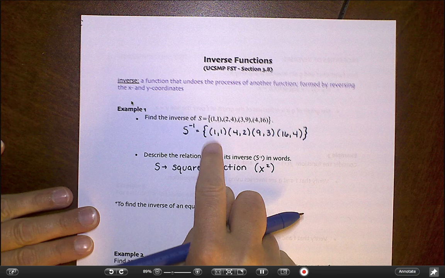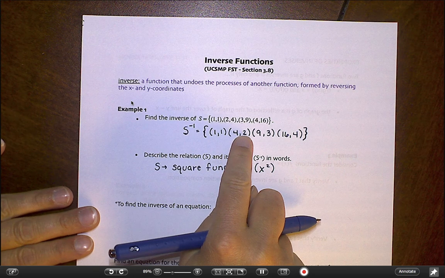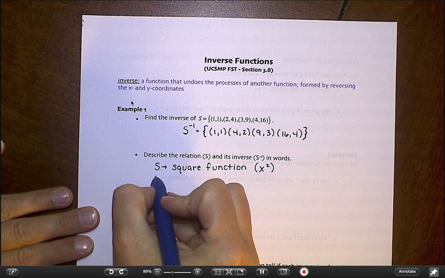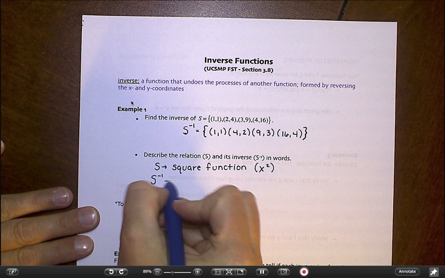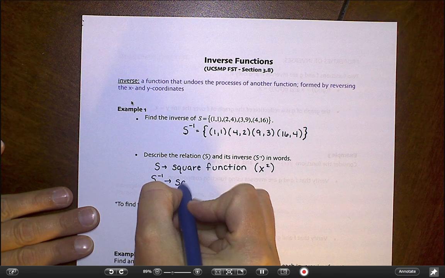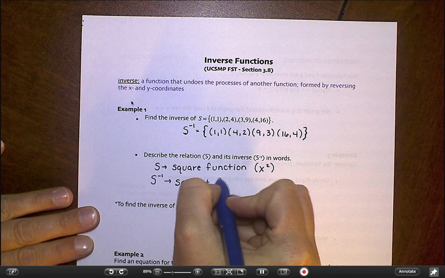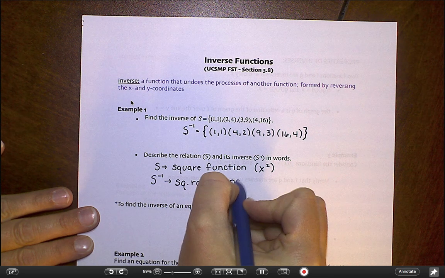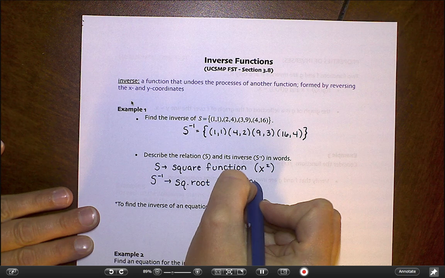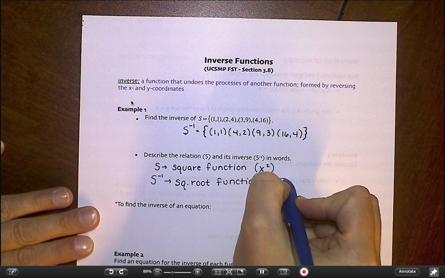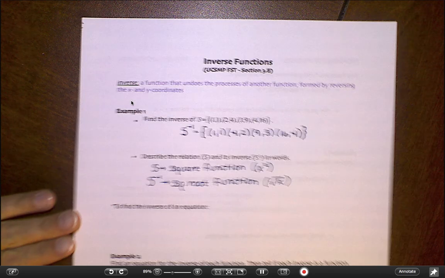Which means that when I reverse it, and I'm turning a 4 into a 2 and a 9 into a 3, really the inverse is the square root function. That's all I was really looking for there.